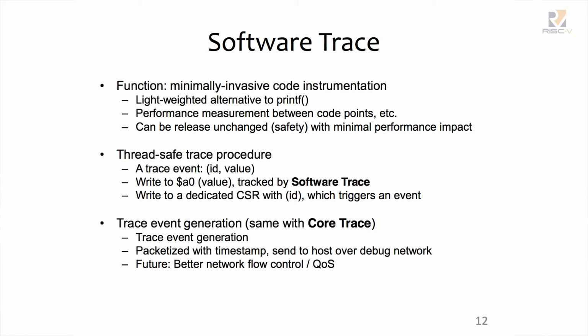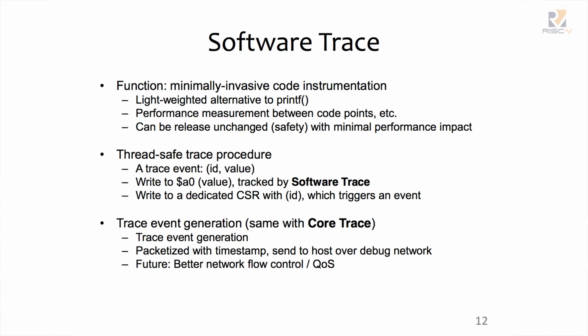The software trace is another mechanism that allows users to trigger events by using special instructions, but actually it's not really a special instruction, it's a special CSR. The benefit is that sometimes when we debug, we send some information to the console. We want to show some variables, but that is heavyweight, as every printf function will cost you hundreds of cycles.